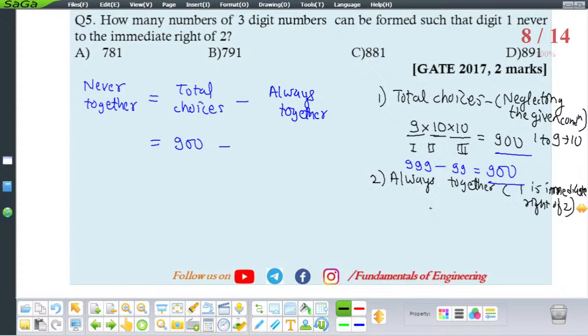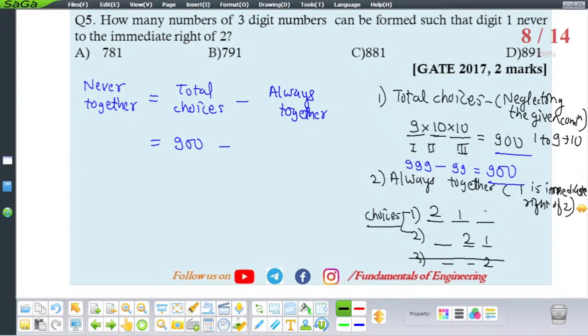So 2, 1 is a possible case. 1 is immediate right of 2, that is the first choice. Second choice, what are we getting? This one. Third will not work, because if we write 2 at the unit place, there is nothing to the right of 2, so this will not be a valid condition. Only these 2 possible choices we are getting when 1 is immediate right of 2, always together.